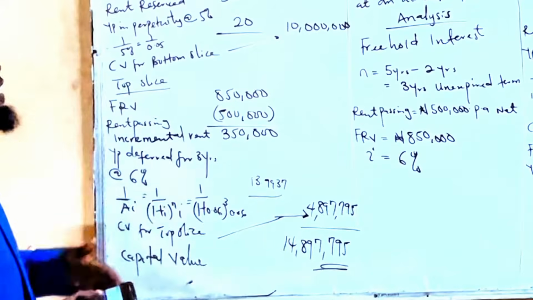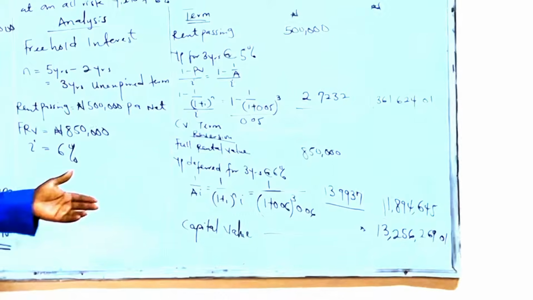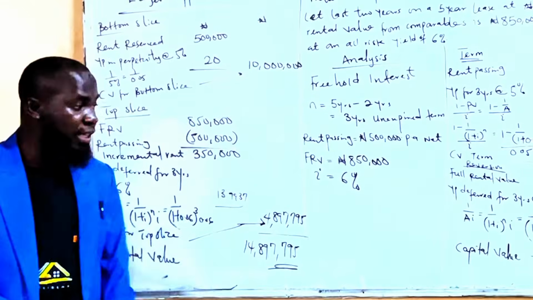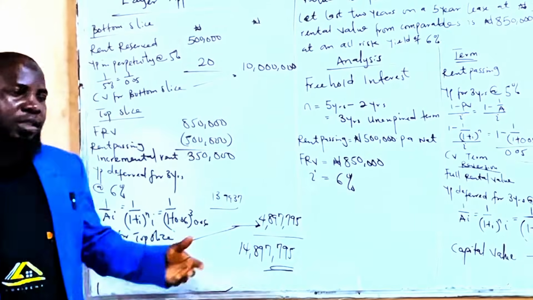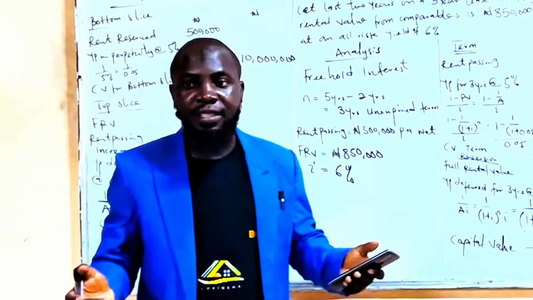So we can compare the layer approach and the term and reversion approach. For the term and reversion, we have 13.2 million. For the layer approach, we have 14.8 million. Let's say 15 million. Difference of 2 million. It's still okay, it's still fine because valuation is an art, it's an opinion.